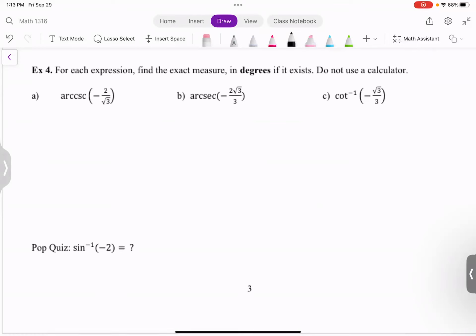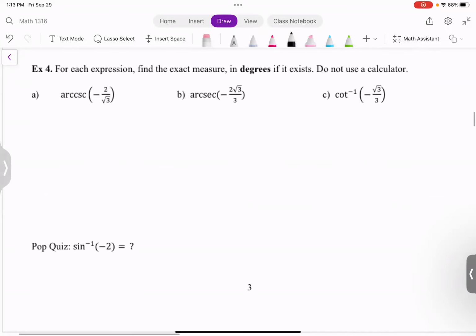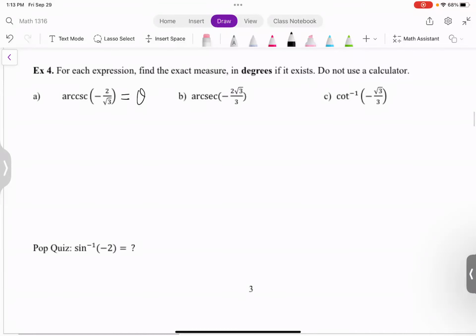I'm looking for the arc cosecant of -2 over square root of 3. So I can assume that this equals theta, or any angle, because all the inverse trig functions give the angle. Second step, rewrite it into the regular form.